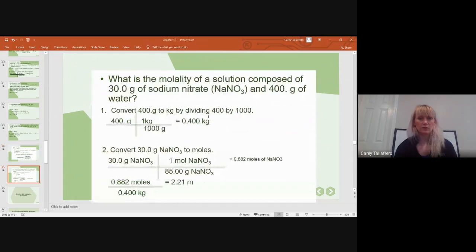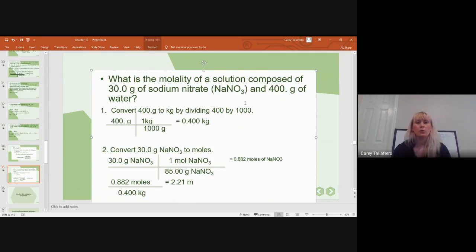An example of a problem like this would read, what is the molality of a solution composed of 30 grams of sodium nitrate and 400 grams of water? Notice I have 3 significant figures here: 30 grams, 400 grams, with a decimal point at the end, signifying that all of those digits are significant. So just keep that in mind as well.